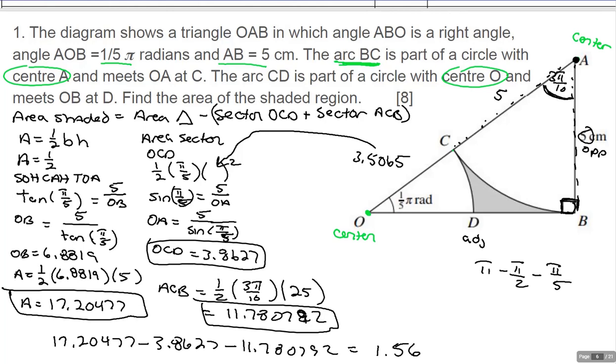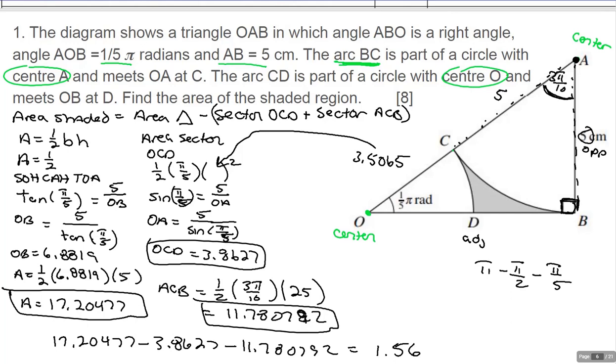Now it's worth 8 points. So think about it. This triangle area was probably worth 2 points by itself. The area of the sector was probably worth 2 points. The area of the other sector was probably worth 2 points. And then your process of subtracting them was probably a method point. And then getting the right answer is probably the 8th point.